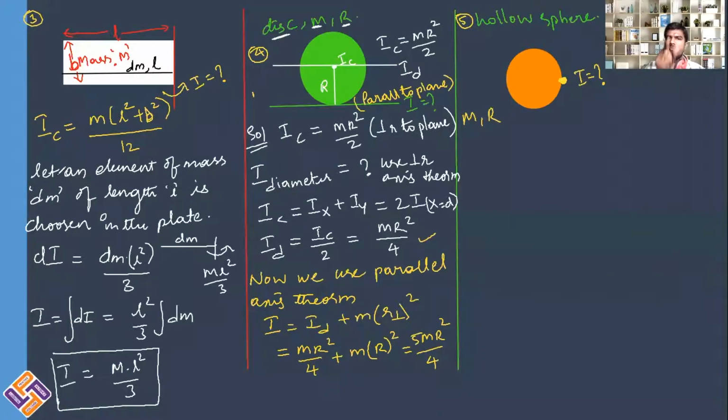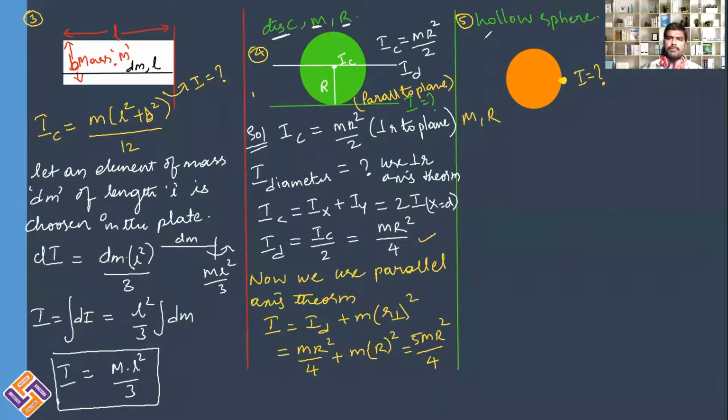So first we have calculated moment of inertia with respect to diameter, for which we have used perpendicular axis theorem. After finding ID, we have used parallel axis theorem and we have calculated moment of inertia with respect to axis parallel to the plane. So this is number 4.